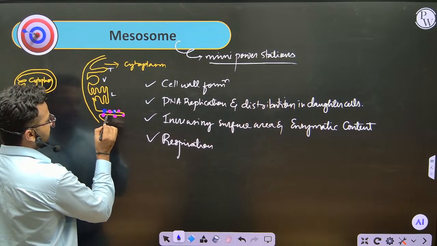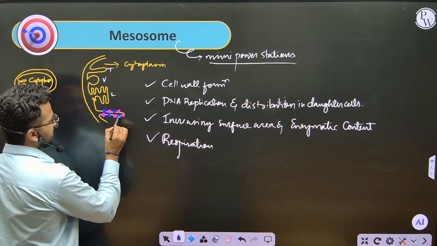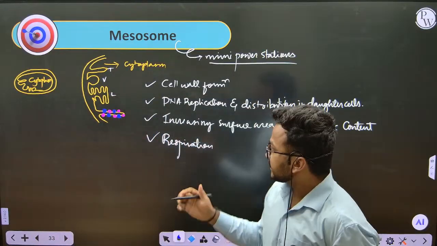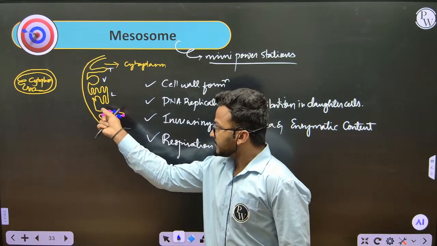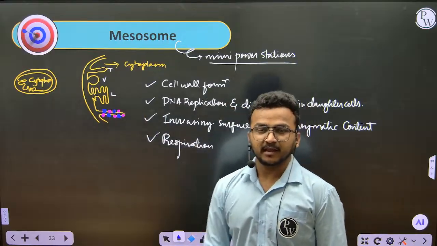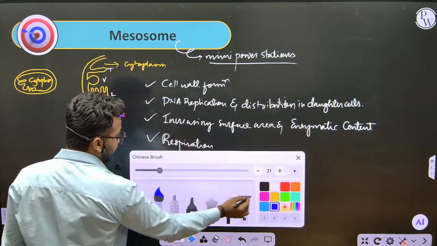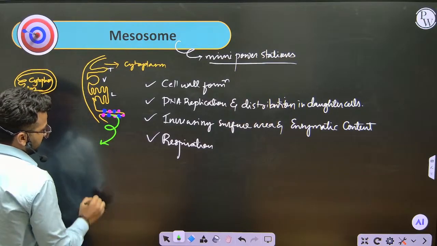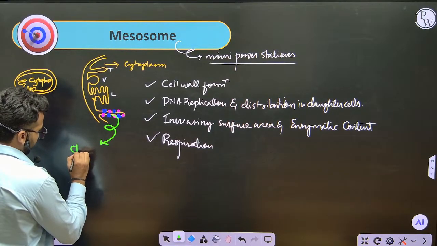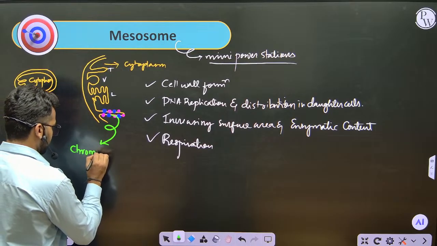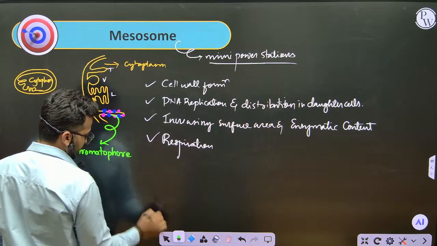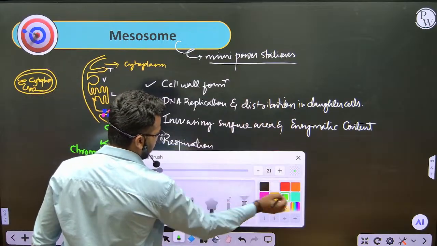Pigments are nothing but the coloring substances which are present there. And these pigments, present on this infolding of the cell membrane, we call this chromatophore.